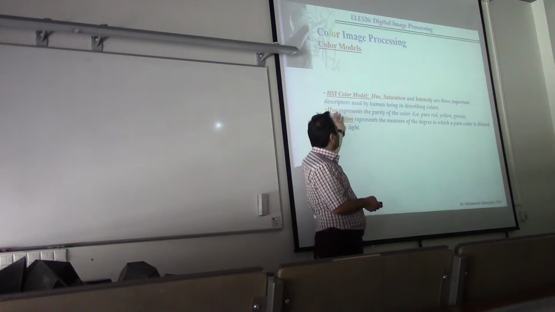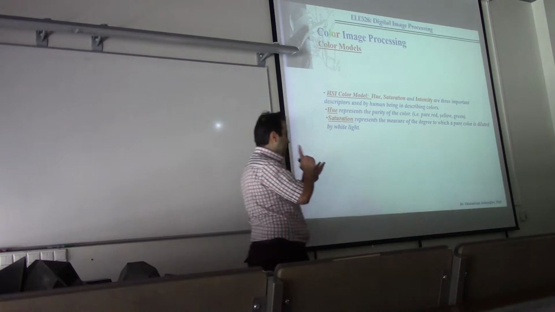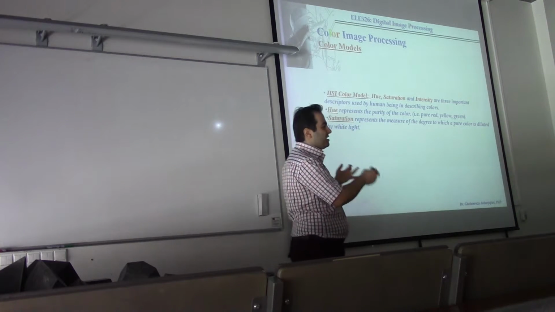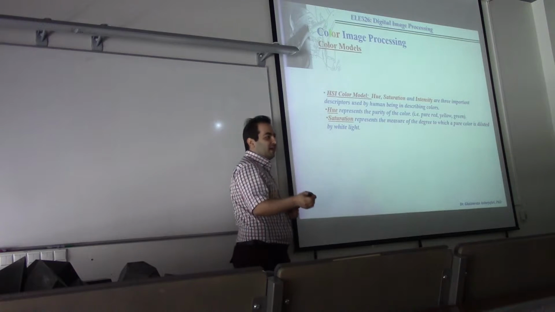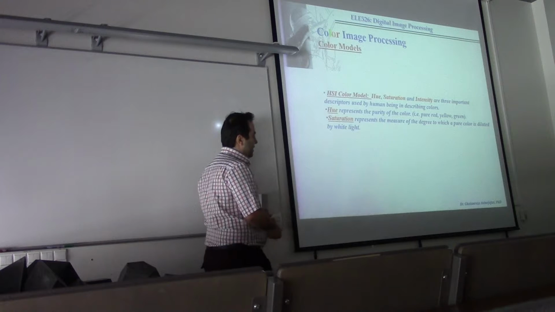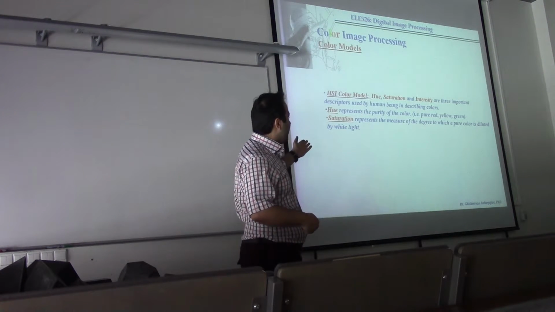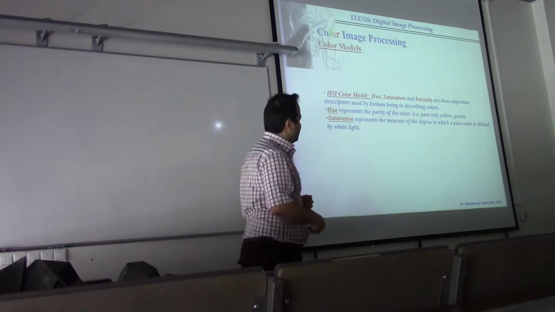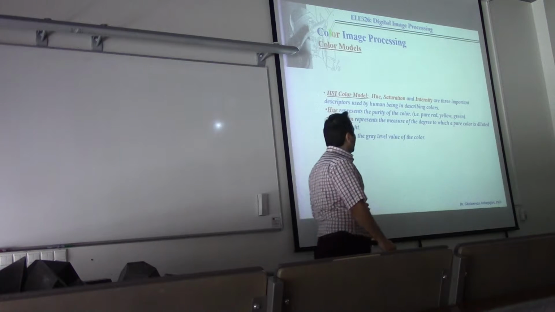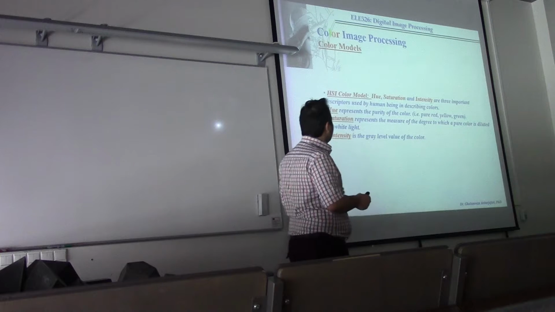And with saturation, for example, we can say that for this pixel we have, for example, 20% of the red, 10% of the green, 50% of the blue, and some other colors. We can say them in the saturation matrix. And the last one, intensity, is actually the gray level of the image that we can use.